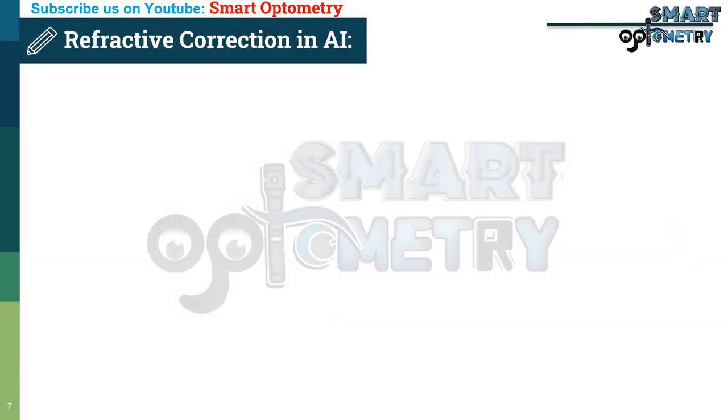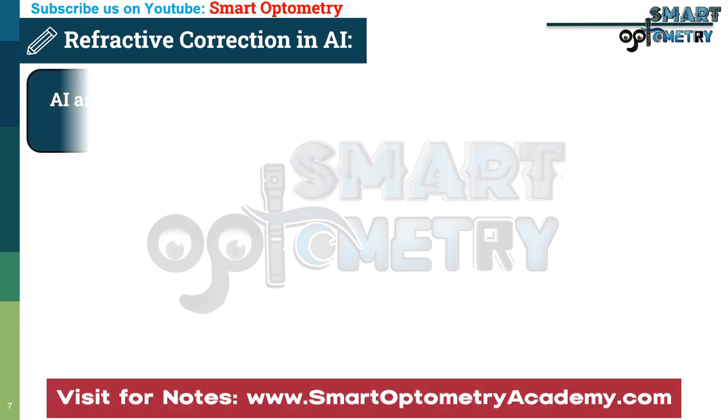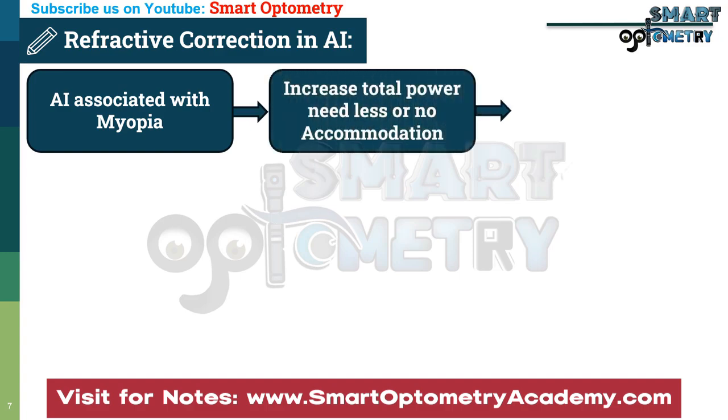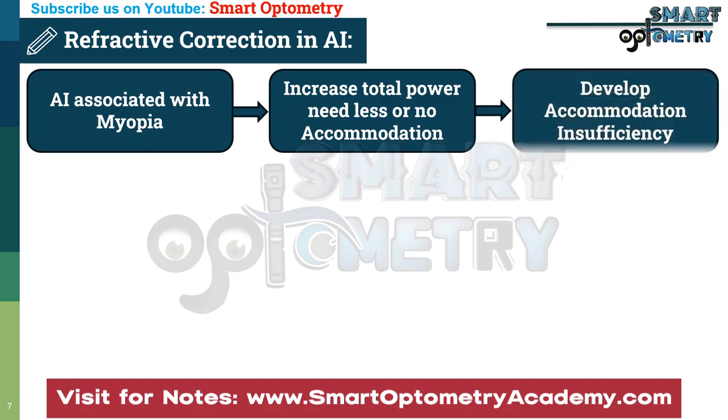How to give refractive correction in accommodation insufficiency. Accommodation insufficiency is mostly associated with myopia. Due to increased total converging power of our eyes, patient can see clearly even without using accommodation. Thus, in uncorrected myopia or undercorrected myopia, patients may develop accommodation insufficiency.